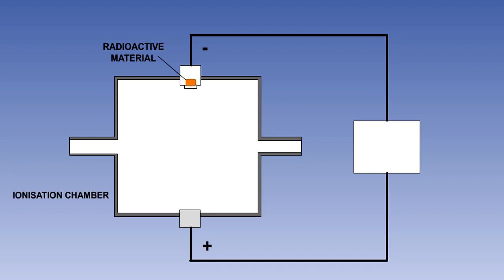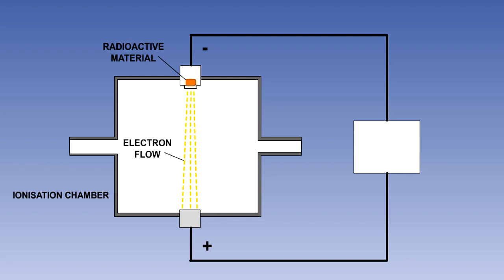The alpha particles generated by the radioactive material ionize the oxygen and nitrogen atoms of the air in the chamber. To ionize means to remove an electron from. When you remove an electron from an atom, you end up with a free electron with a negative charge and an atom missing one electron with a positive charge.